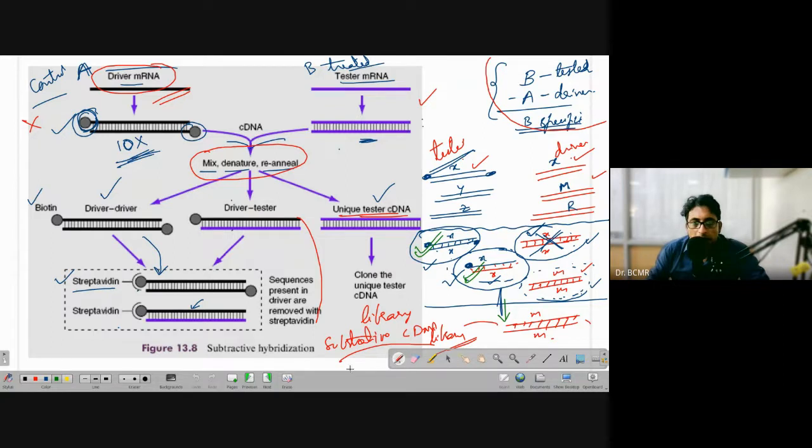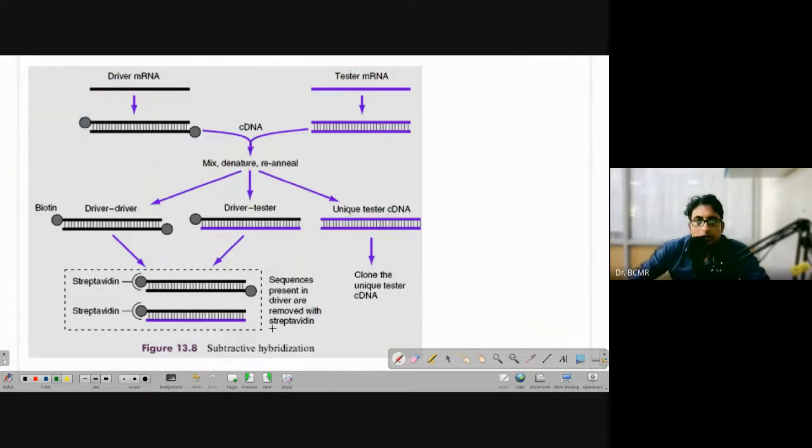So I hope you remember that we have discussed a lot of things in that: driver mRNA and tester. Driver is something like the control, and tester is the one that we are identifying. So you can think of it like that: tester mRNA or cDNA minus driver mRNA is what we are going to clone.